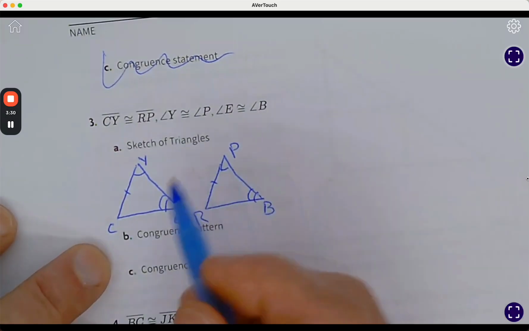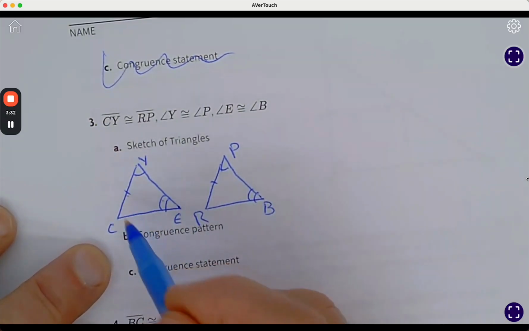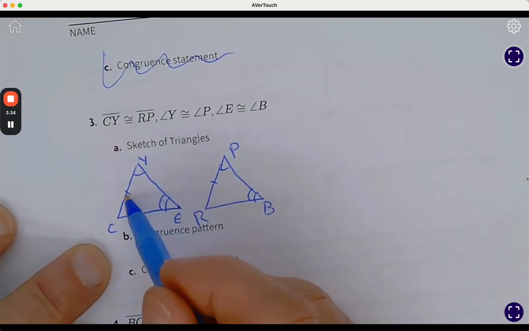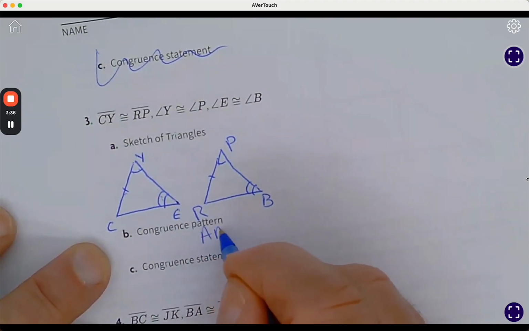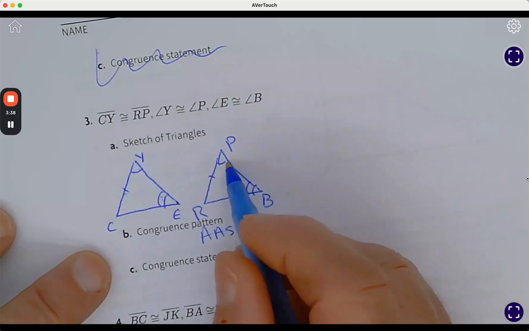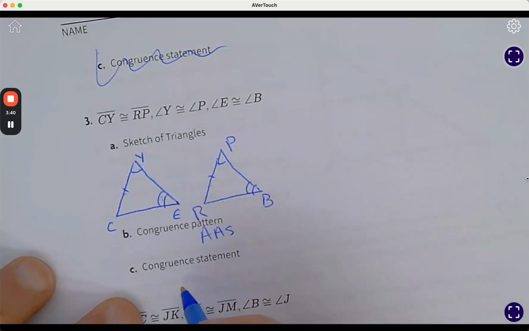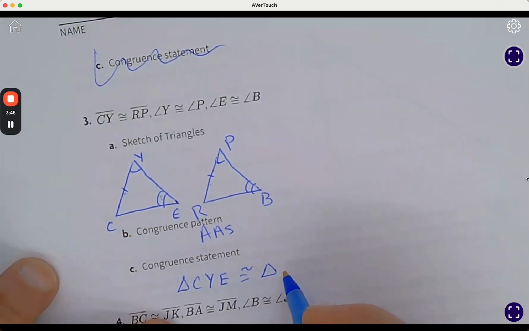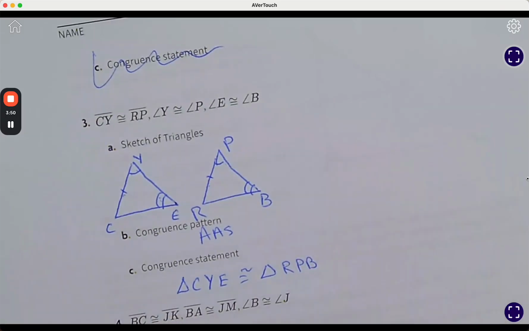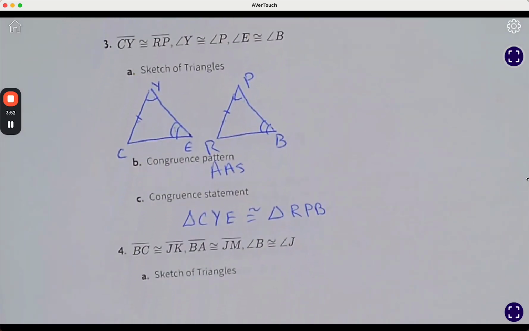The congruence pattern is angle side, no, is angle, angle, side. Angle, angle, side. The congruent statement is triangle CYE is congruent to triangle RPB. And that is by angle, angle, side.